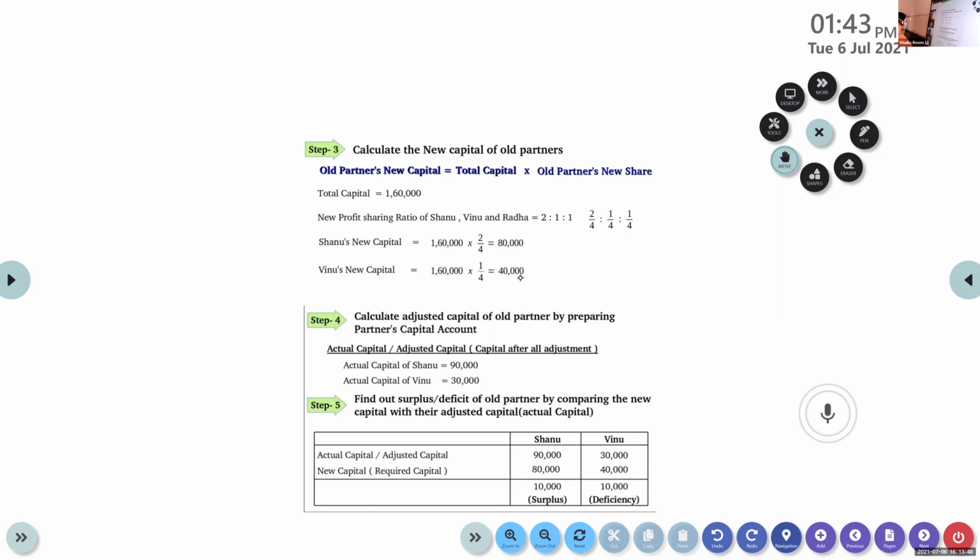That is the original, the initial contribution of Shanu and Vinu. Now, according to the new partner's capital, we found out the capital contribution to be made by all the partners. So the new capital is 80,000 for Shanu and 40,000 for Vinu.